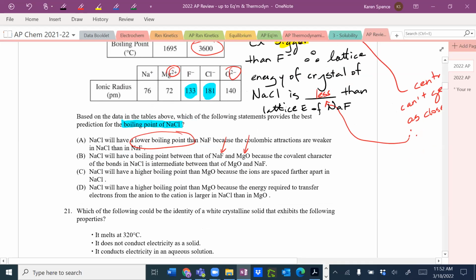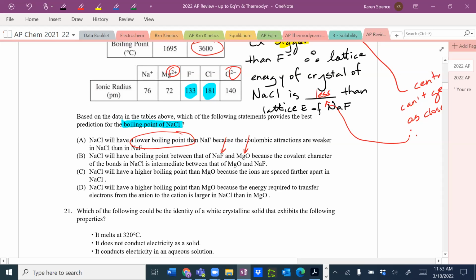NaCl will have a higher boiling point than MgO because the ions are spaced farther apart. That doesn't make sense, I don't think. No, it doesn't, because the charges kind of matter more, I think. Yeah, MgO, because the ions are spaced farther apart than in NaCl.